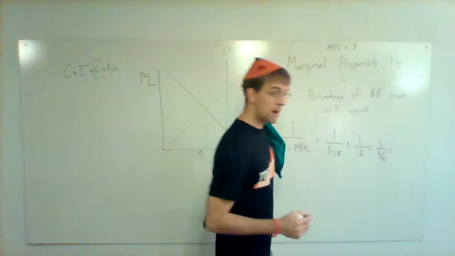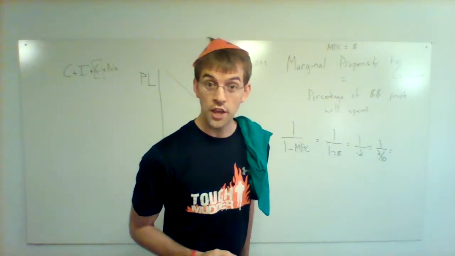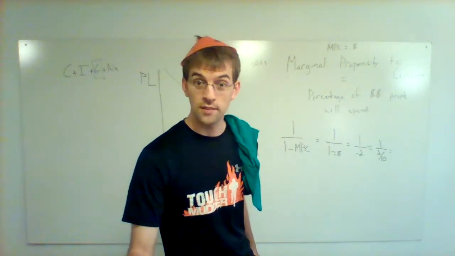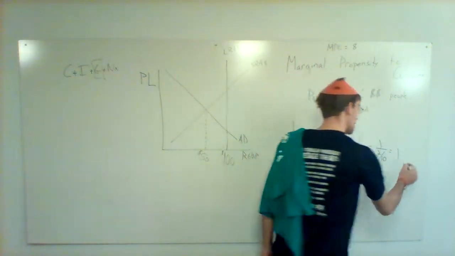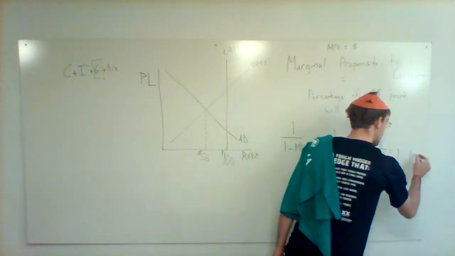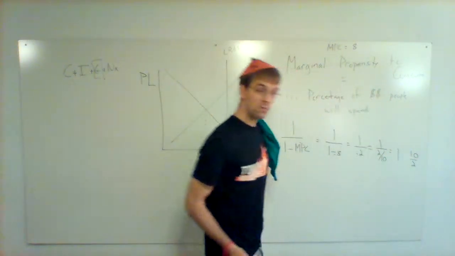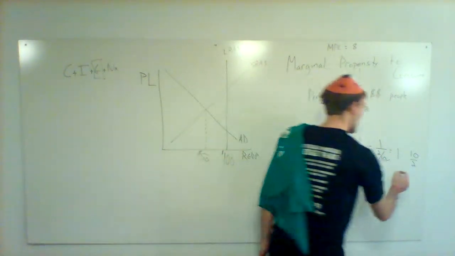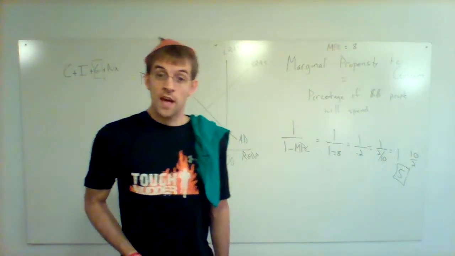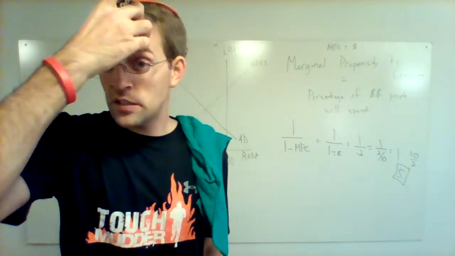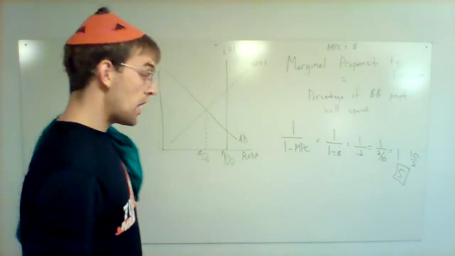Now, back in my high school days, we used to do a little thing called keep change flip. I don't know if they still teach the kids this, but the 1 stays the same, the divide turns to multiply, the 2 over 10 flips to 10 over 2. 1 times 10 over 2 gets you 5. And that's your multiplier.